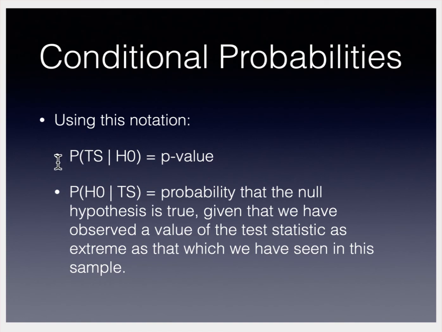Also, in the first conditional probability, the event of interest is TS, whereas in the second conditional probability, the event of interest is that the null hypothesis is true. So you can see here that these two probabilities are not the same.